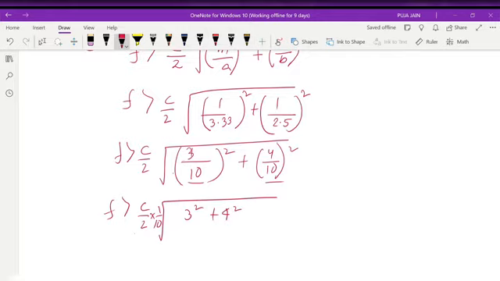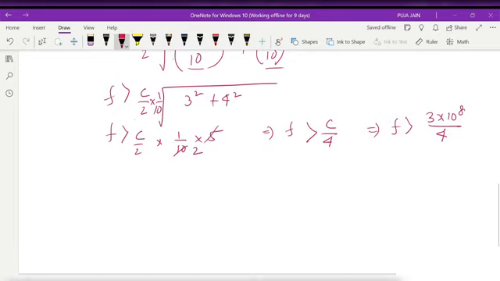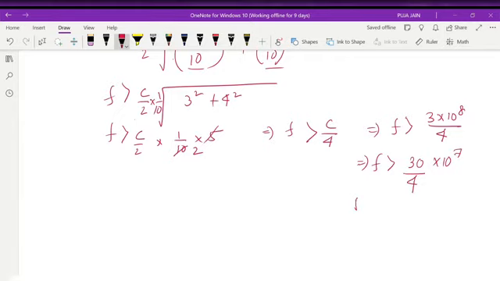So f is greater than c by 2 into 1 by 10 into 5, so f is greater than c by 4. C is 3 into 10 to the power 8, divided by 4. That is, f is greater than 30 by 4 into 10 to the power 7, approximately 7.5 into 10 to the power 7 hertz.